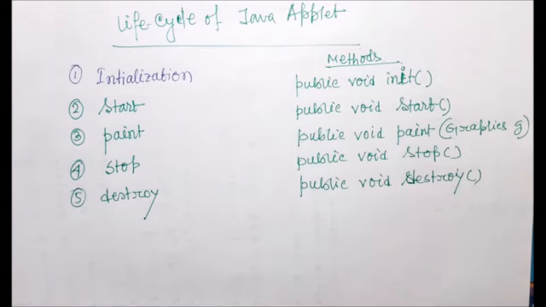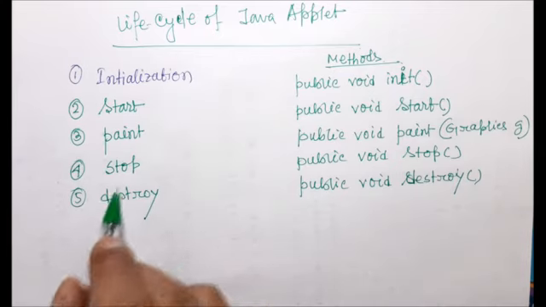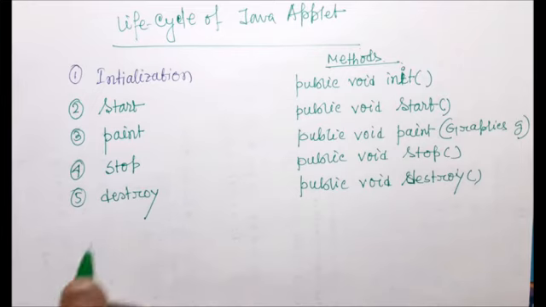So here, look at this. Applet life cycle consists of 5 steps. The first state is called initialization, the second state is called start, the third one is paint, the fourth one is stop, and the fifth one is destroy.